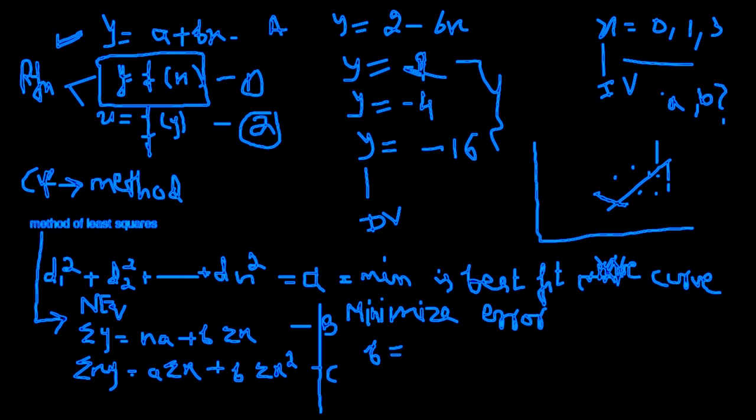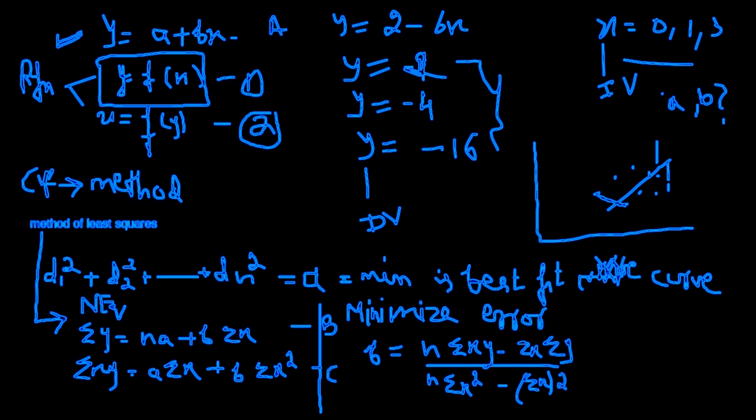How? This is written as n sigma xy minus sigma x into sigma y, upon n sigma x square minus sigma x whole square.